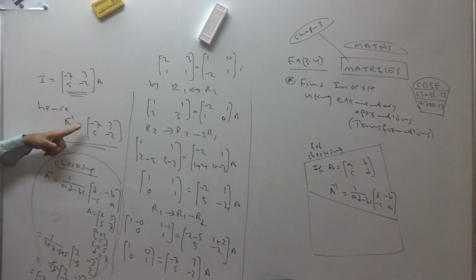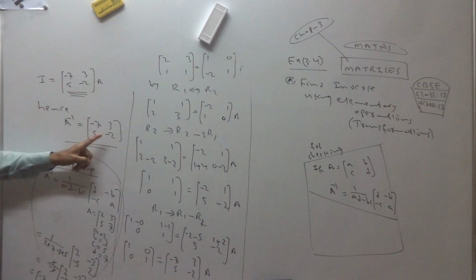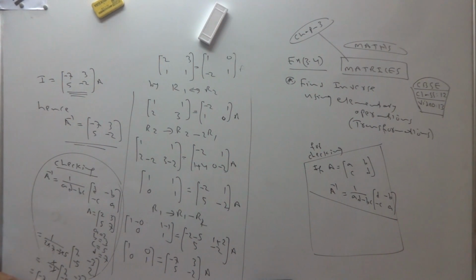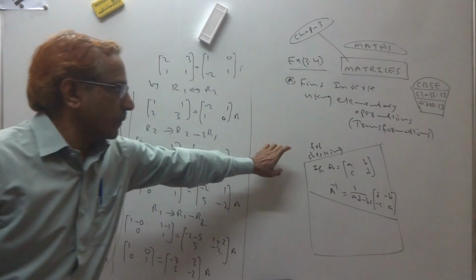Check your answer please: minus 7, 3, 5, minus 2. So you got it, it is correct. So you can check the answer using that formula.